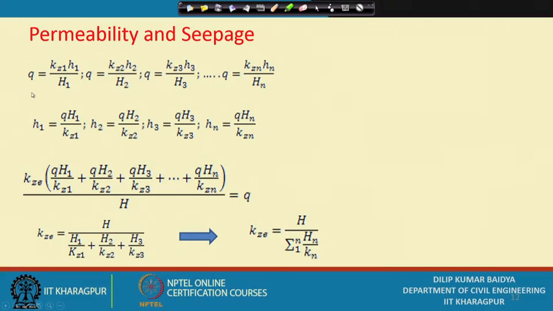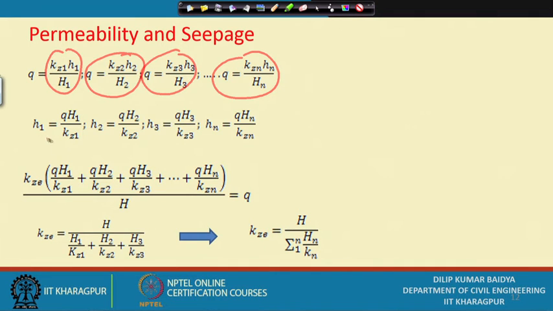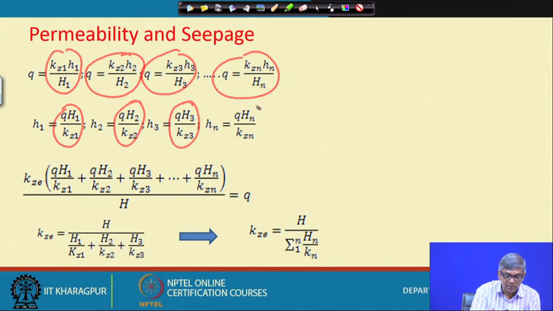Now, next, q I can express in this form, and again q in this form; everywhere q is the same for the different layers. So h1 I can calculate this way, h2 this way, h3 this way, because q is the same everywhere.